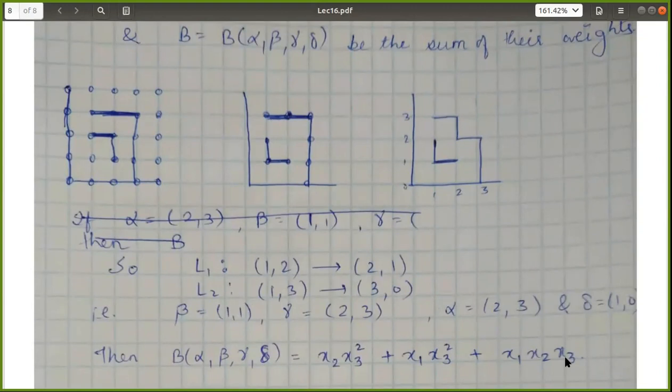It's a multivariable polynomial of a fixed degree.